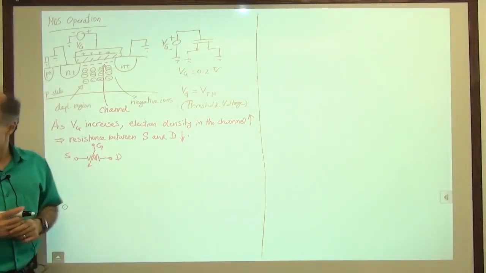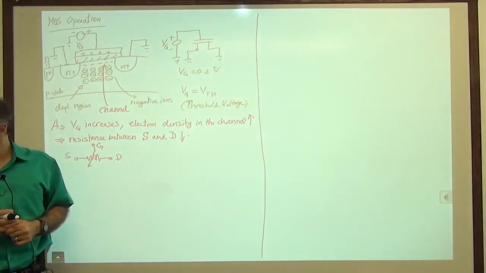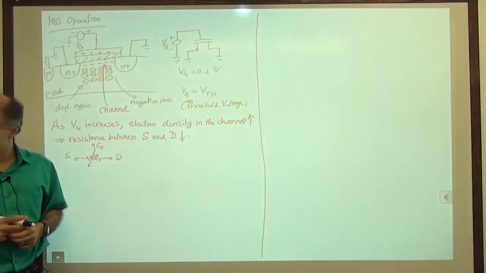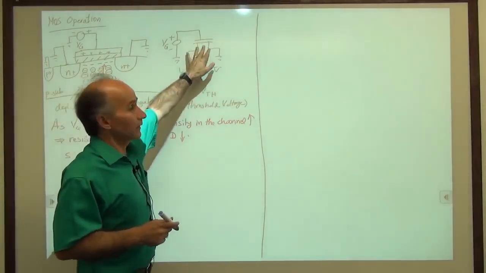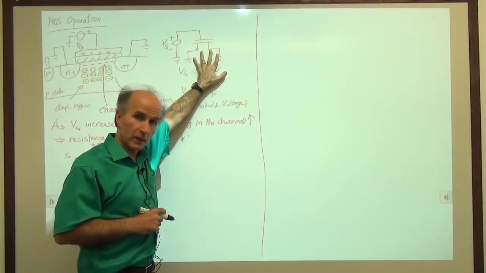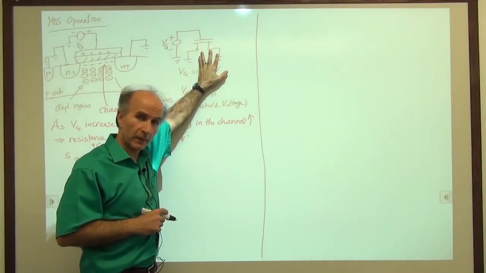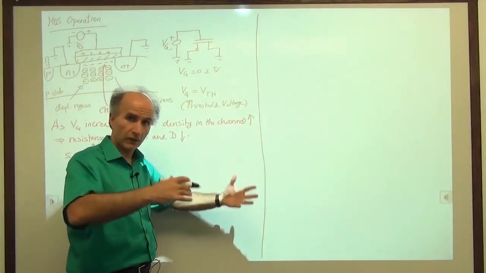All right, so we now can go and play with the device a little more. The MOSFET has 3 terminals for now. We don't worry about the substrate that much. So we have 3 terminals, and that means that we can apply a voltage here, apply a voltage there, measure current here, measure current there.